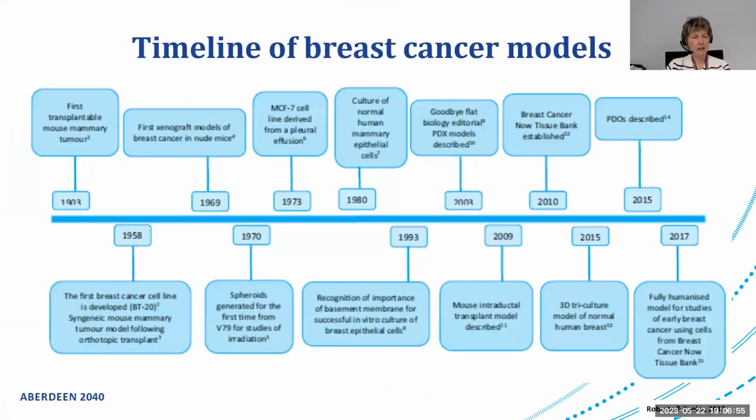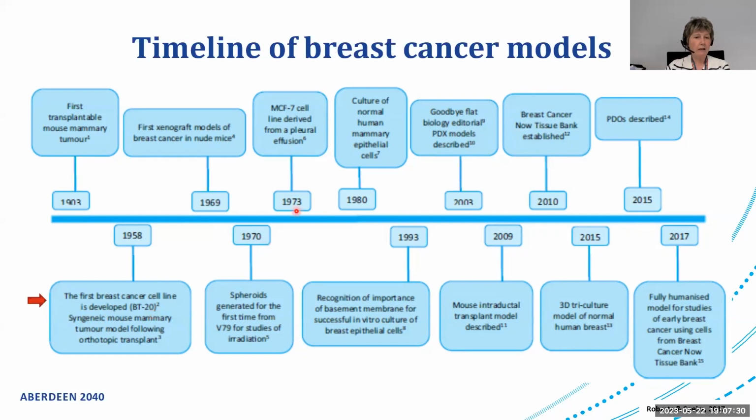So I'd like to start off by showing this timeline of breast cancer models. As you might expect, the first transplantable mammary tumor model was in a mouse, and that was just at the beginning of the century before last, 1903. But it wasn't until 1958 that the first breast cancer cell line was developed. That's the BT20 cell line, which some of you may have used during the course of your research.